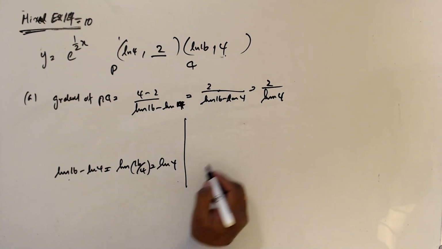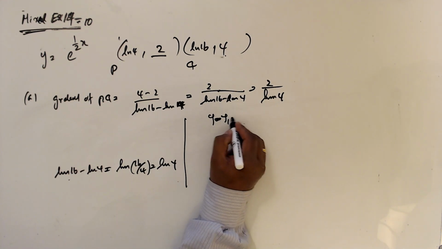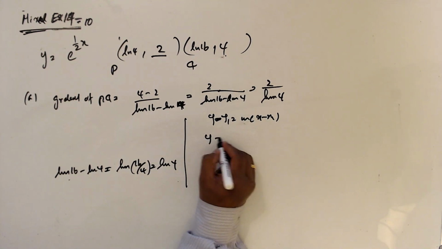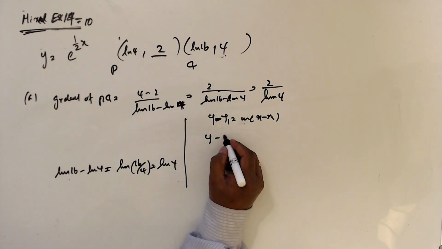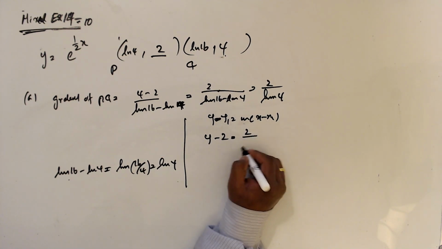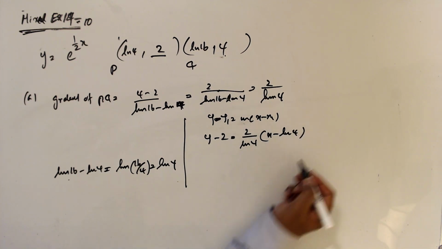Then we can write y minus y1 equals m times x minus x1. So taking this point, y minus 2 equals 2 over ln 4 times x minus ln 4.